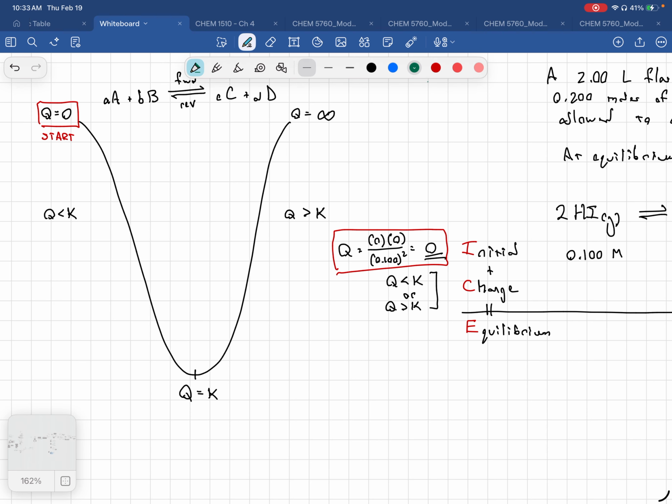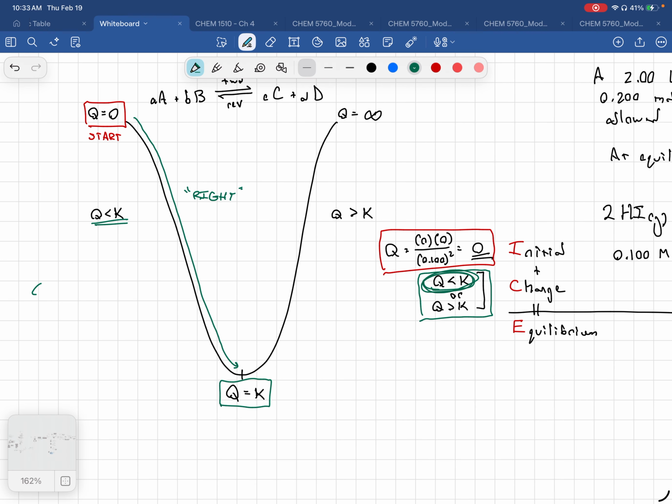So note, to get to equilibrium, first of all, note Q is less than K. But what does that mean, that Q is less than K? Well, we have to proceed to the right to get to equilibrium because Q is too small.